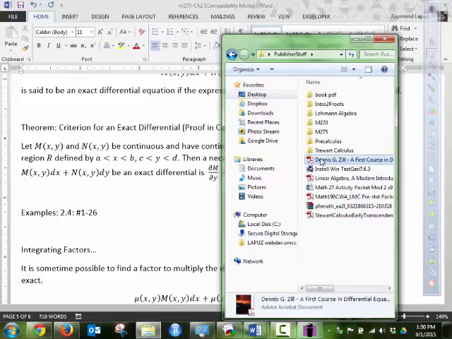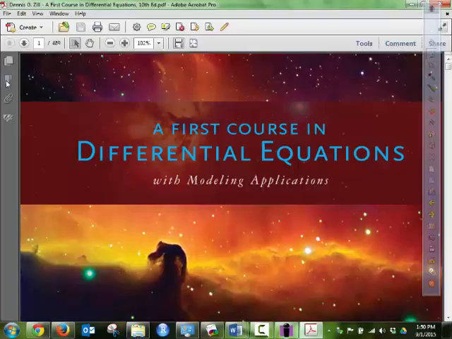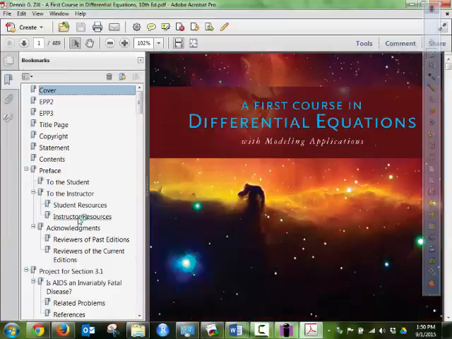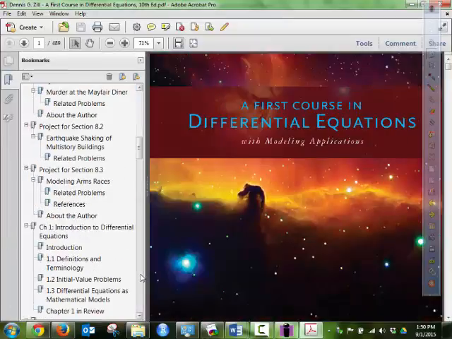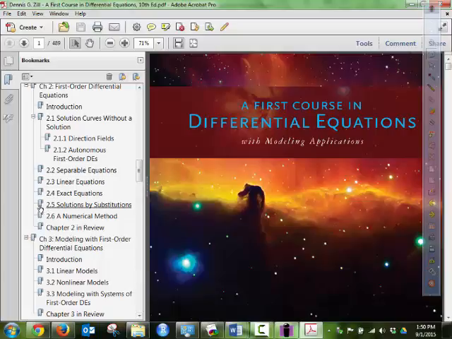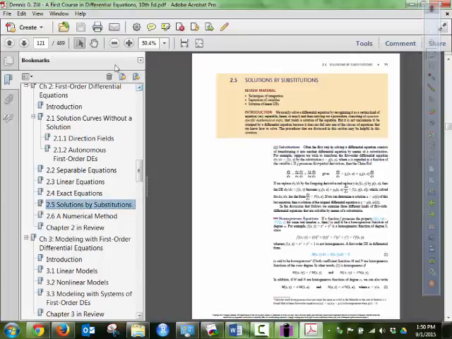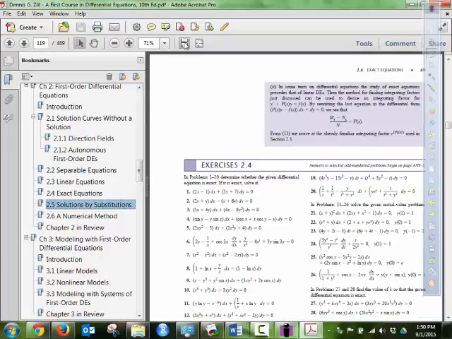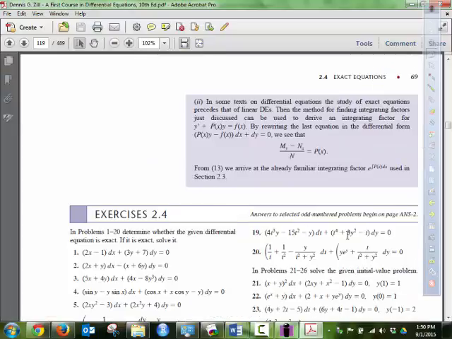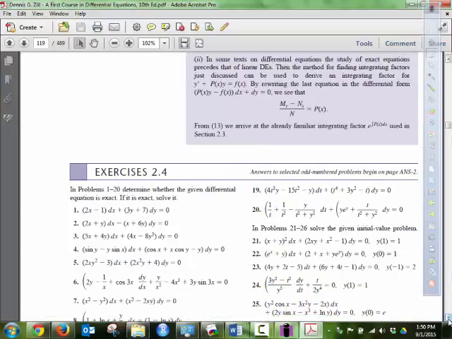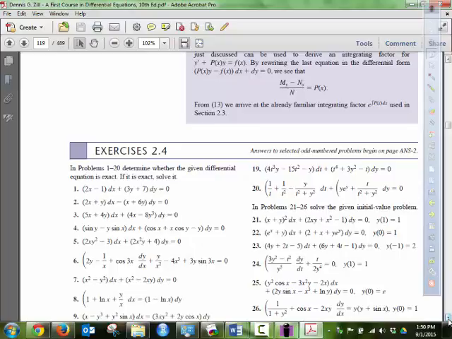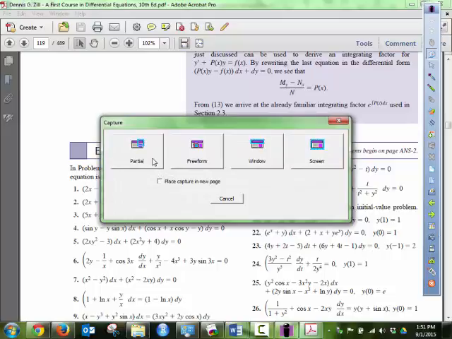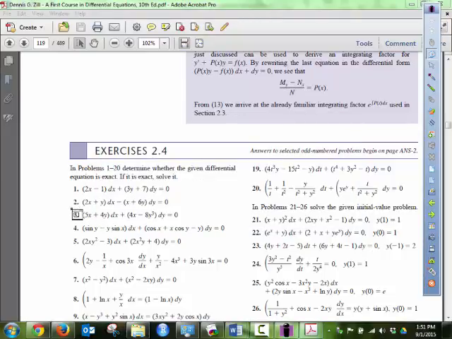All right, so I'm going to go to the book and look at problems 1 through 26 in this section, and we'll see if we can pick one. And that'll give us some practice also, getting used to partial differentiation.